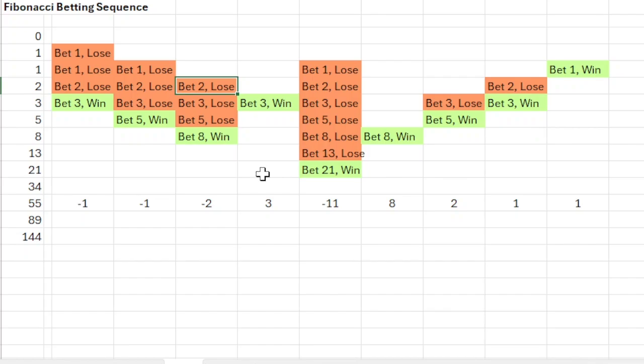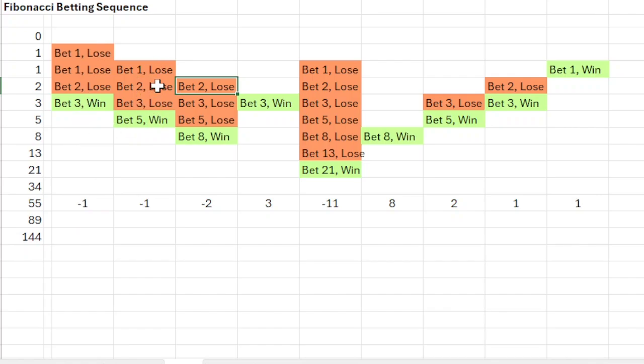And what's interesting is at the bottom of the column here, I have the result for each particular column. So you can see that the win here at the end of this series, 3 losses followed by a win, I'm still -1 for the series so far, even though I won the last one.